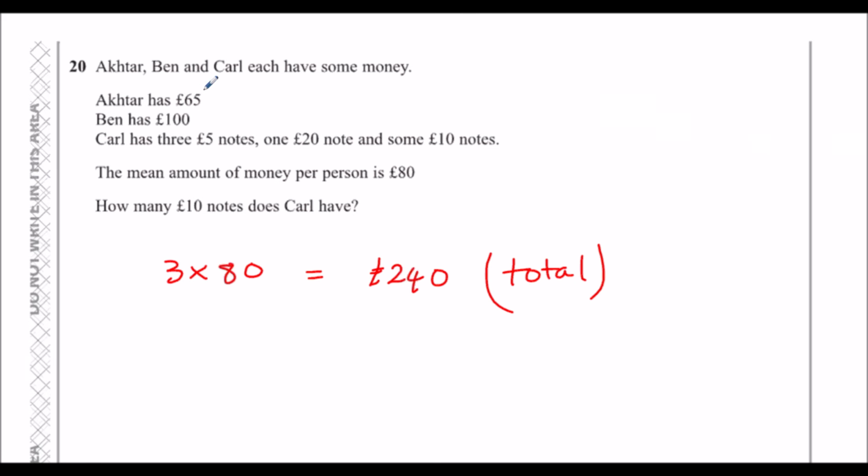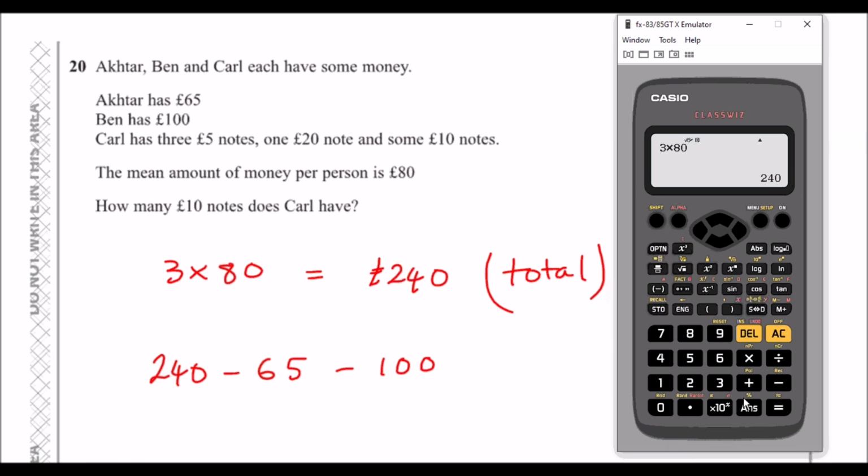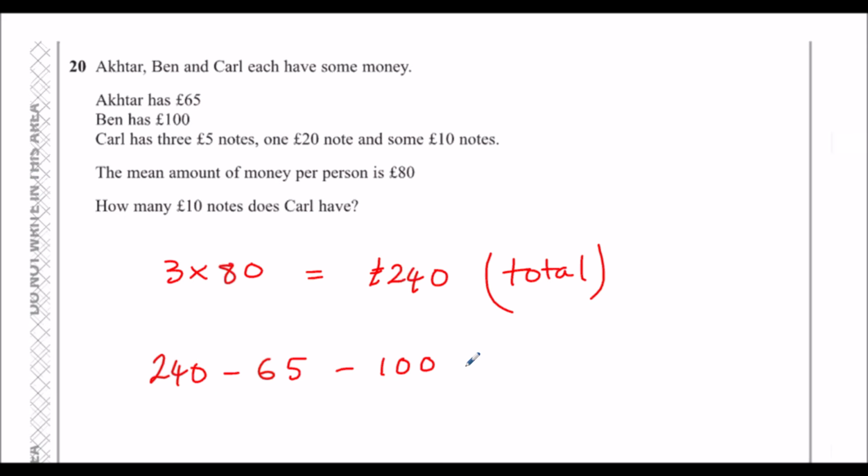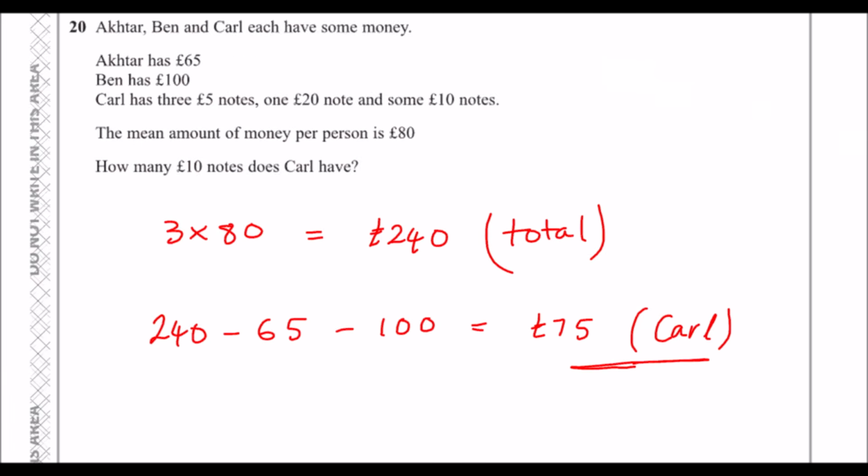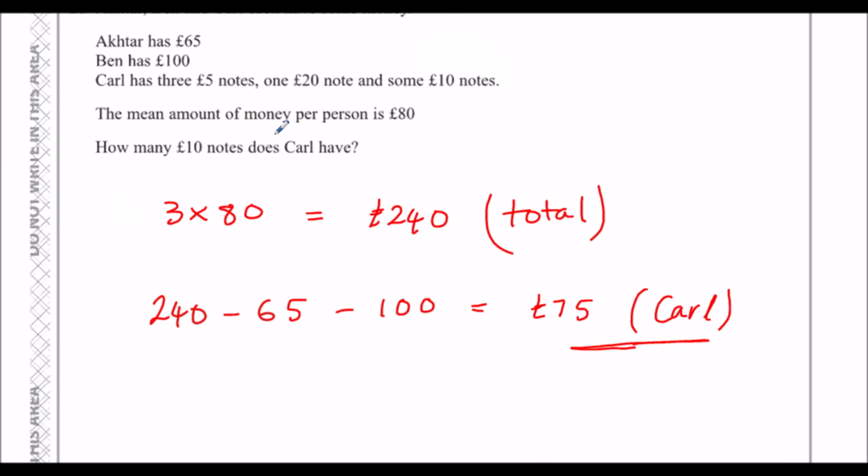So let's take away what Akhtar and Ben have. So 240, take away the 65, and take away the 100. So take away Akhtar's money, take away Ben's money. So £75 left. So £75 is what Carl has. So what's the question? How many £10 notes? So he's got 3 5s, which makes £15.